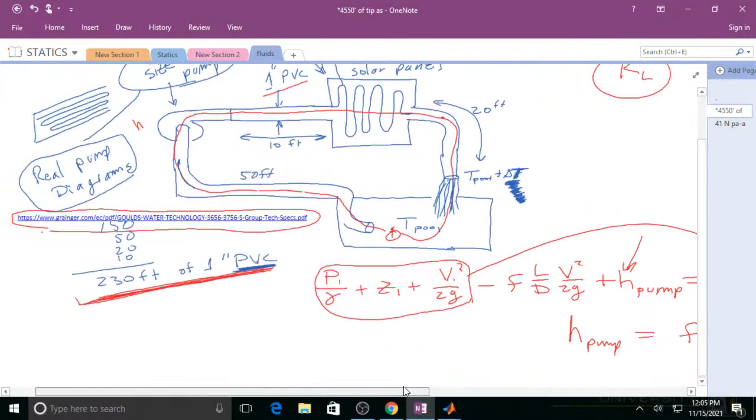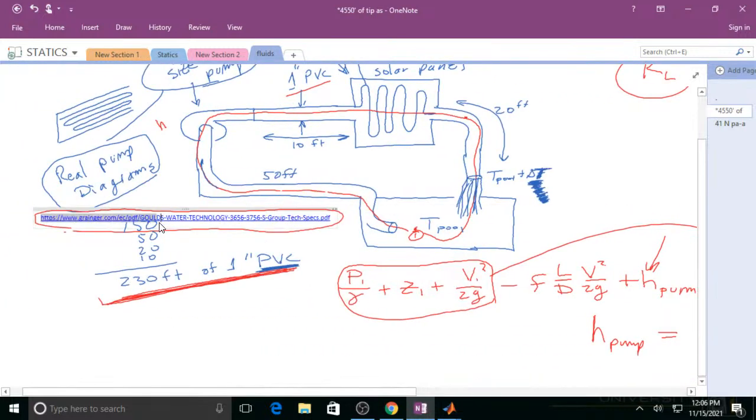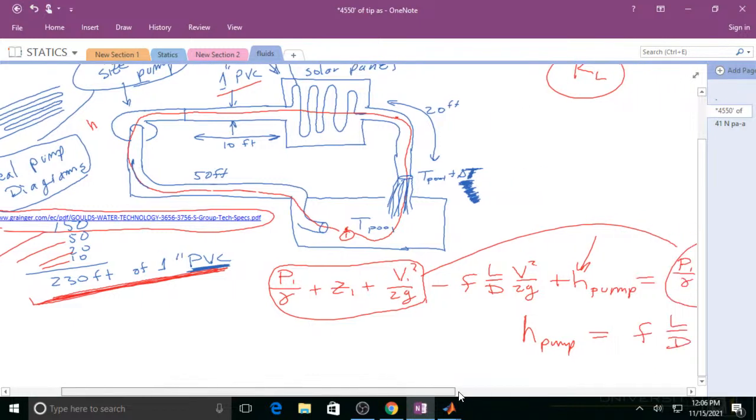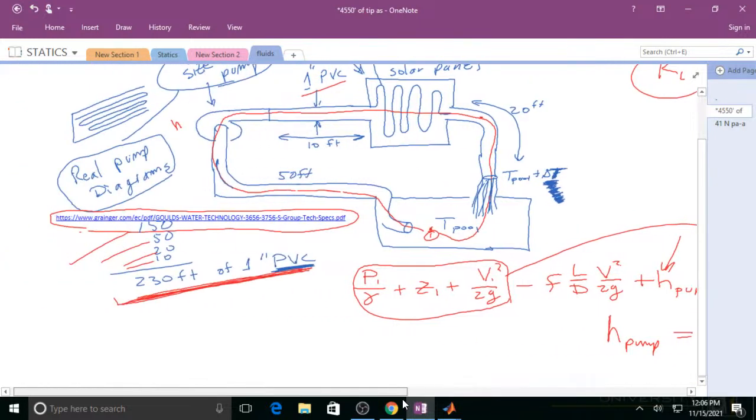So if I added all this up, my 150 foot, my 50 foot, 20 and 10 foot total, I end up with 230.